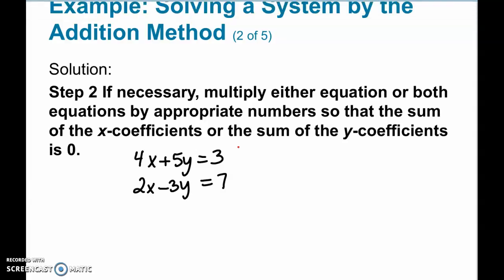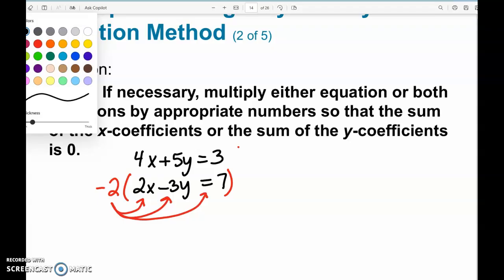If I want to make an opposite coefficient on the x's, I can multiply this equation here by -2. And when I say multiply this second equation by -2, I don't mean just this first term. I mean each of these terms. So I would multiply each of those by -2, and that would create opposite coefficients on the x term. So that would be one way to do it. There are other ways to do it also.